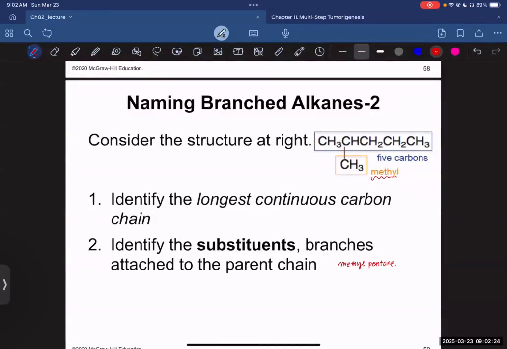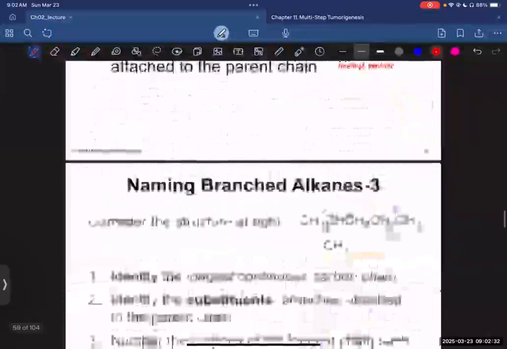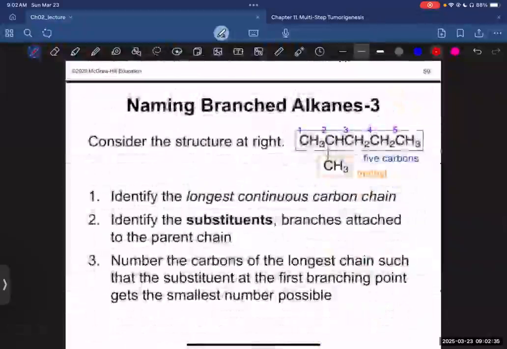When we number the chain, we want to give the substituent the lowest number possible. So if we give the lowest number possible to where that substituent is, we find that it's numbered from left to right, which is why the methyl group is on the second carbon.